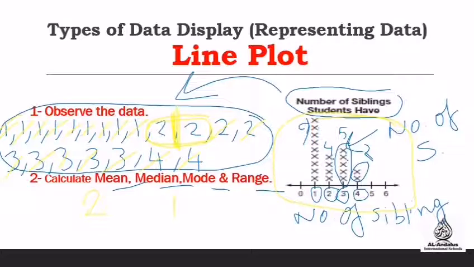The range is the maximum value, which is the 4, minus the minimum value, which is the 1. So 4 minus 1, which is 3. So I calculated the median, mode, and range. And I can also calculate the mean by adding all these values and dividing by the number of crosses.